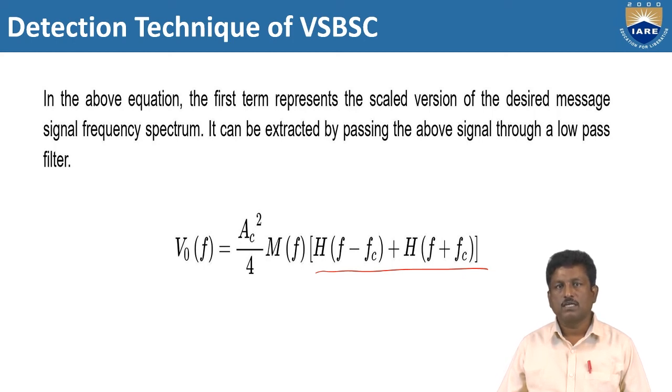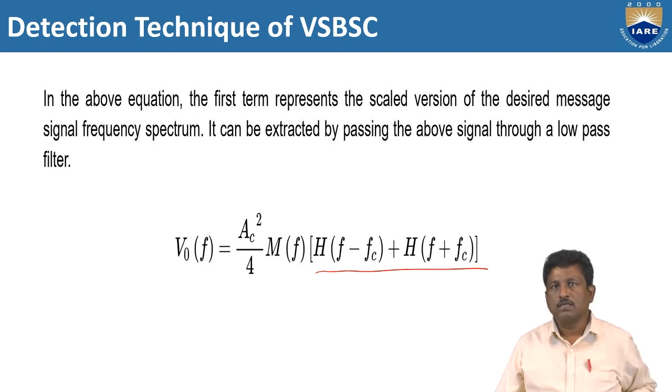Coming to the receiver side, the modulated high frequency signal is converted back into low frequency by the operation called demodulation. So there is an arrangement of the received VSB-SC signal and another local oscillator which generates the carrier signal frequency. From both inputs, the product modulator generates the product of the two input signals.